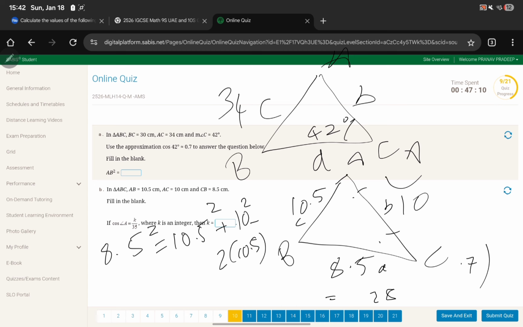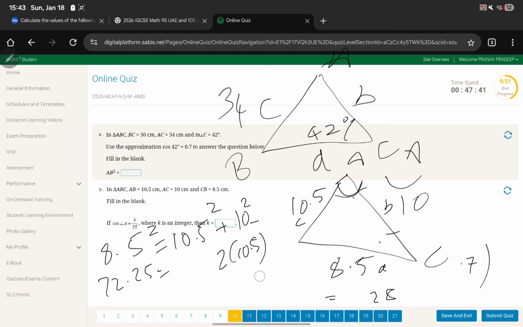Yeah, you're finding A. So the formula is A squared equals B squared plus C squared minus 2BC cos A. So in that case, it's going to be times 10.5 times 10 times cos A. We don't know cos A.